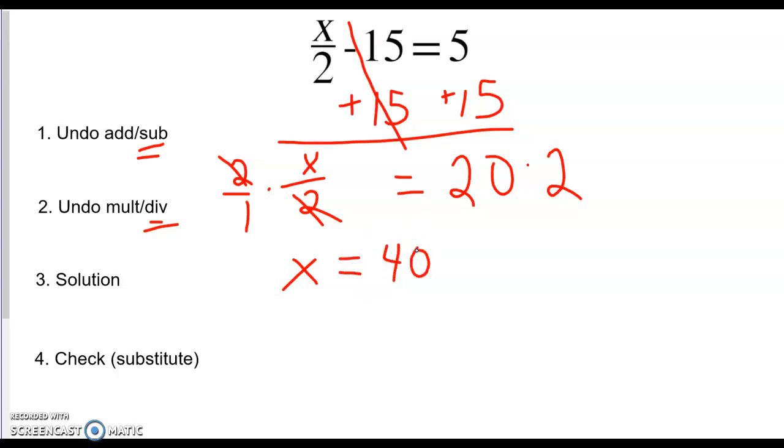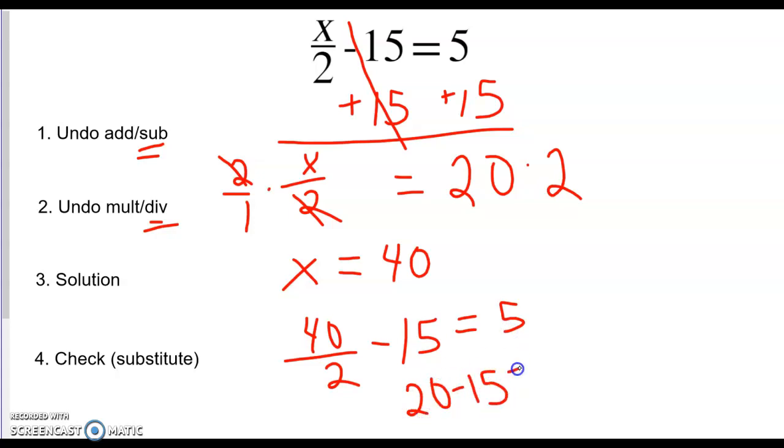That's my solution. Let's see if we got it right. I'm going to substitute it back in. 40 divided by 2, the original equation, minus 15 equals 5. Well, 40 divided by 2 is 20. 20 minus 15 equals 5, and I think that is a true statement.